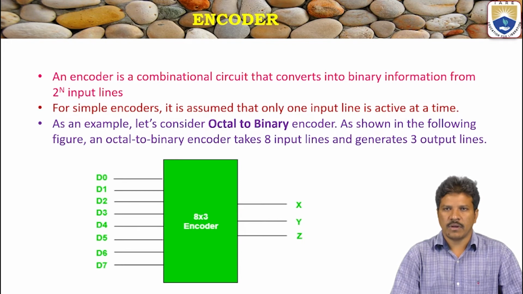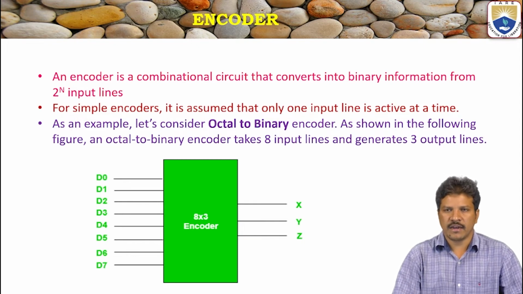As an example, let us consider octal to binary encoder. If you see this figure, it is an octal to binary encoder which takes 8 input lines and generates 3 output lines. In general, inputs must be 2 power n and outputs must be n.